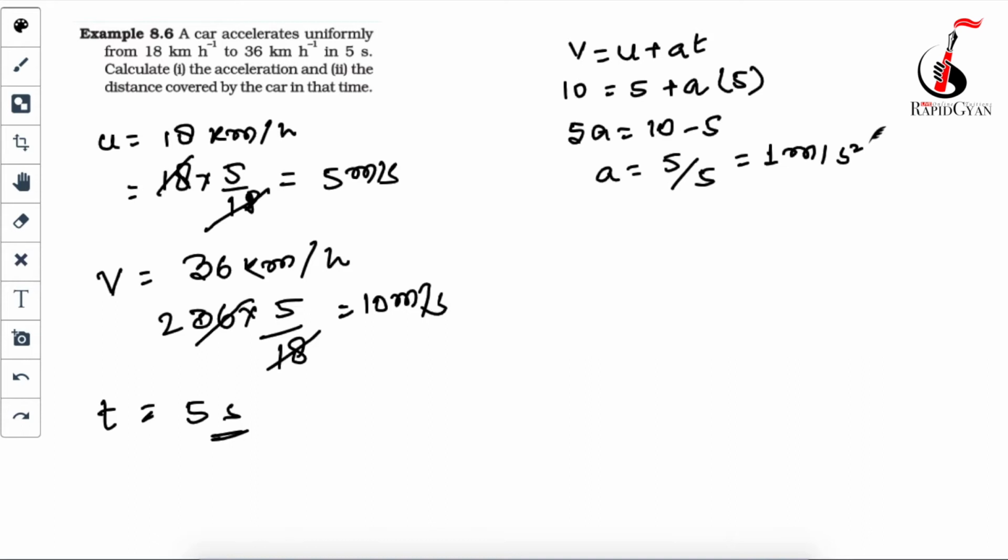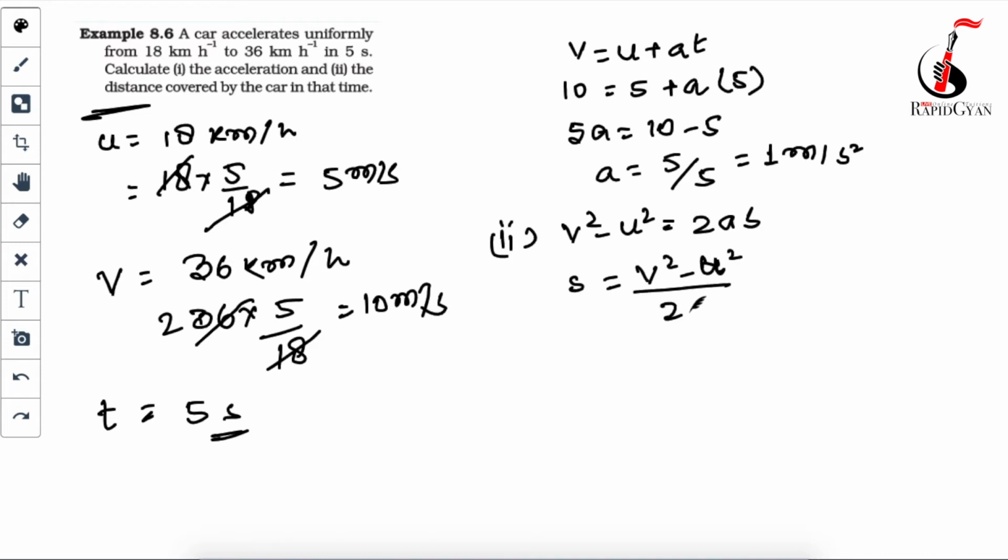Now what you will have to do? You will have to find the distance. So for distance, again we are going to use the same formula, which is V square minus U square is equal to 2AS. So S will become V square minus U square upon 2A. Correct? So what is your V? V is 10. So here I can write 10 square minus 5 square upon 2 times A, which is 1.